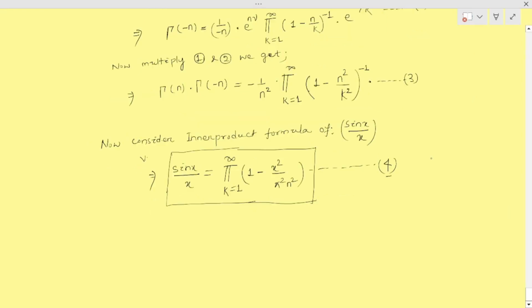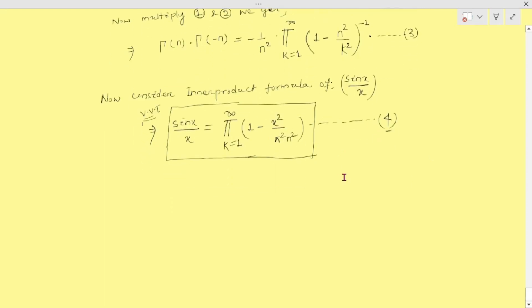Okay, this expression, that means sin x by x equal to this much, is a very important expression. It may be required for some other numerical in your future.